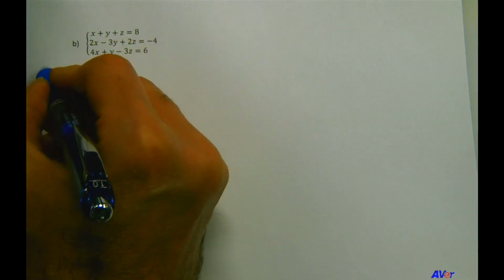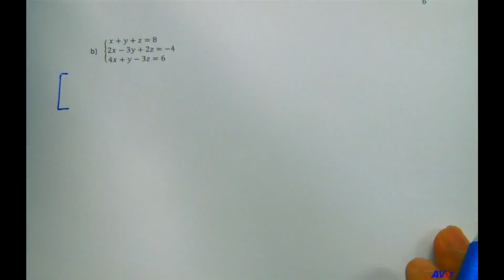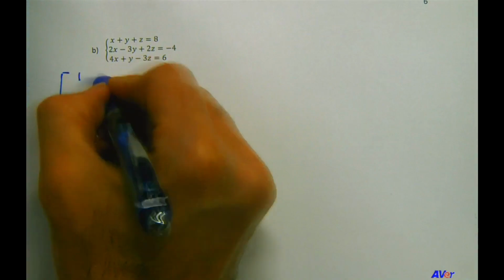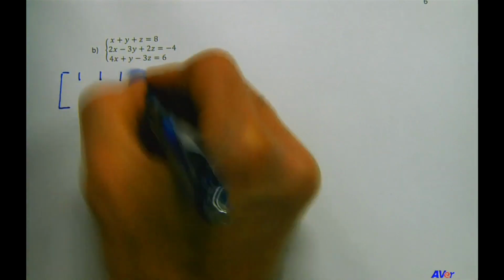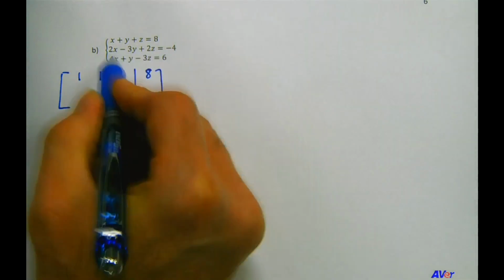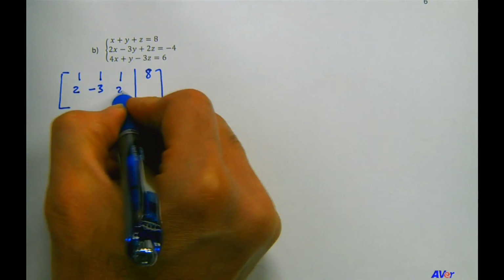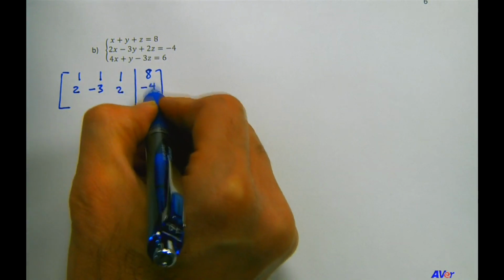So the augmented matrix for this system are all the coefficients, right? So we have 1, 1, 1, the vertical bar, 8. Then we have 2, -3, 2, -4.